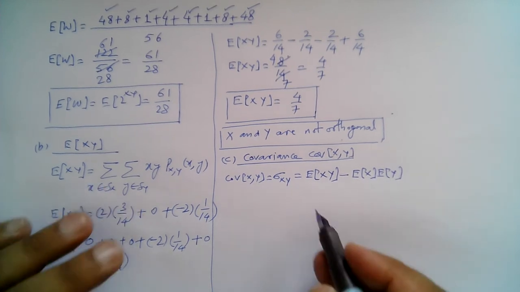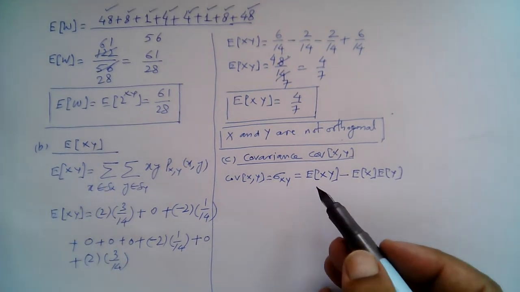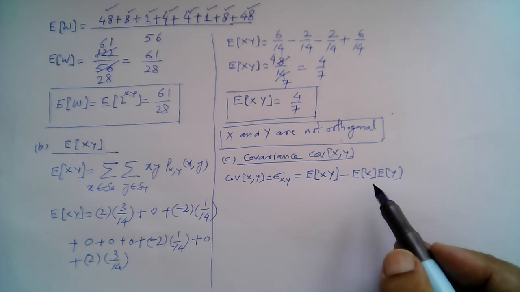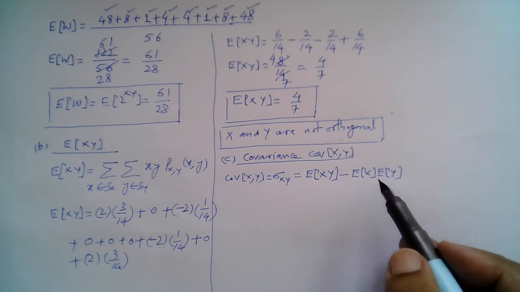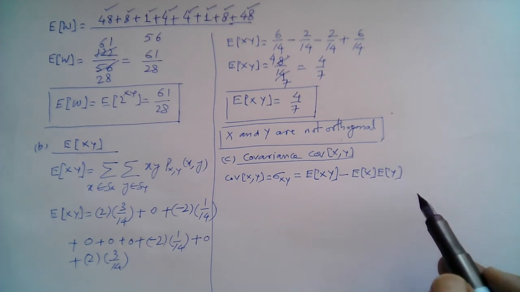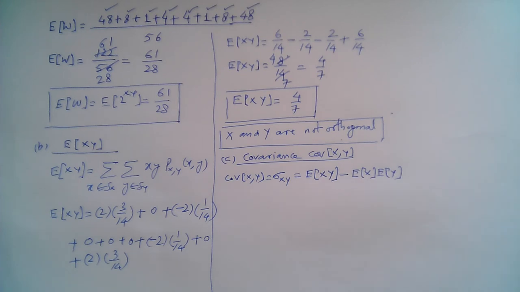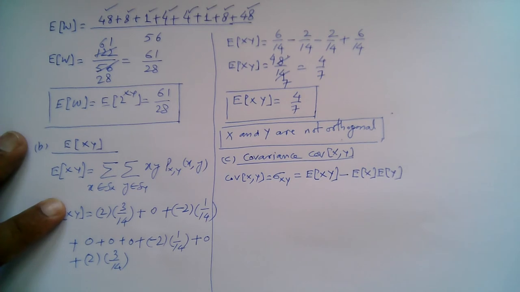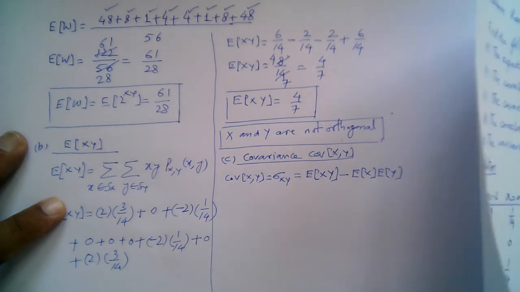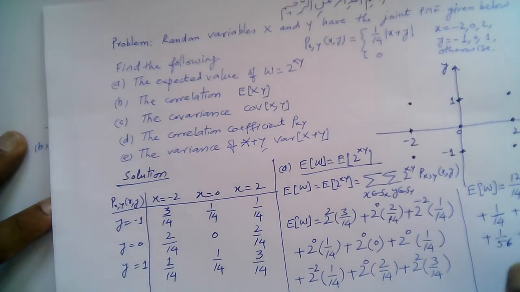We just found out the expected value of xy, which is the correlation, but we need to calculate the expected values of x and y before we can calculate the covariance. So to find the expected value of x and expected value of y, it is better that we find the marginal probability models of x and y.